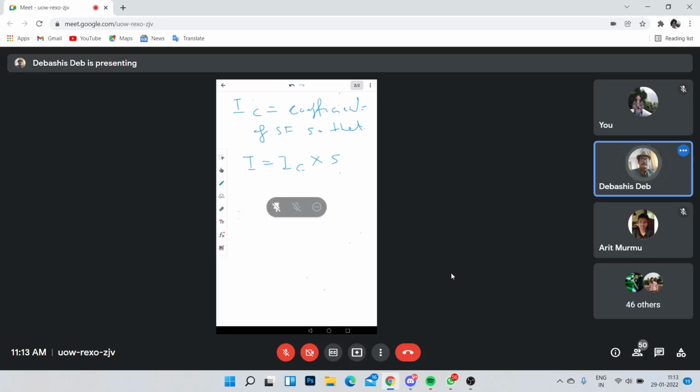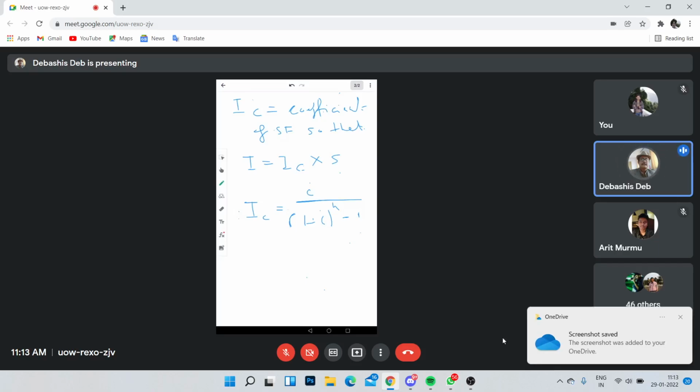So this is the formula: IC equal to small i divided by (1 plus i) to the power n minus 1, where IC is the coefficient of sinking fund, small i is the rate of interest expressed in decimal.